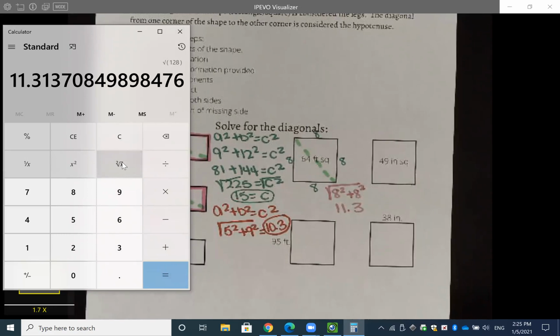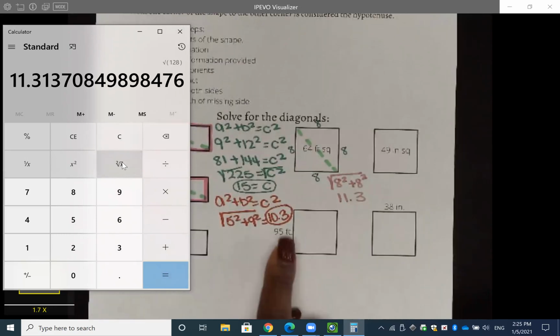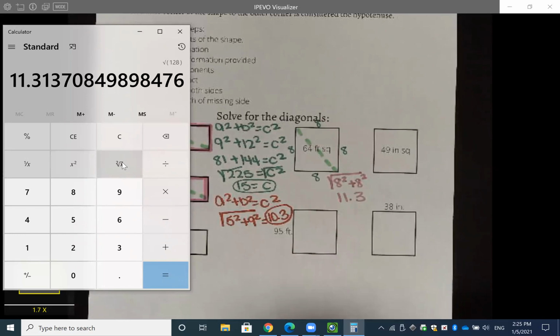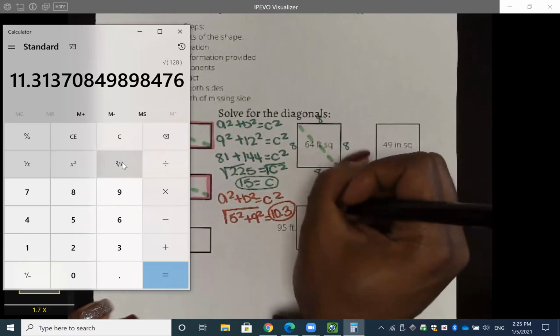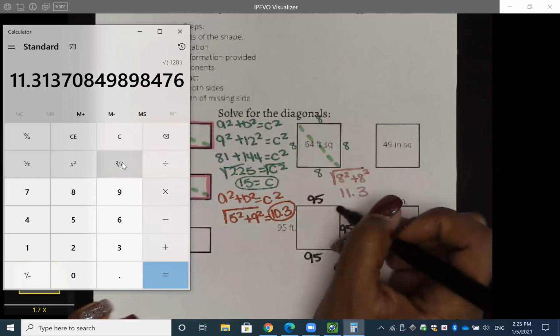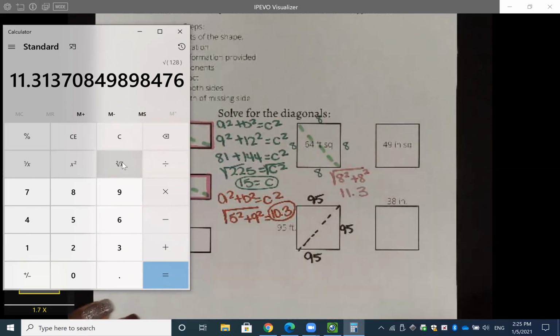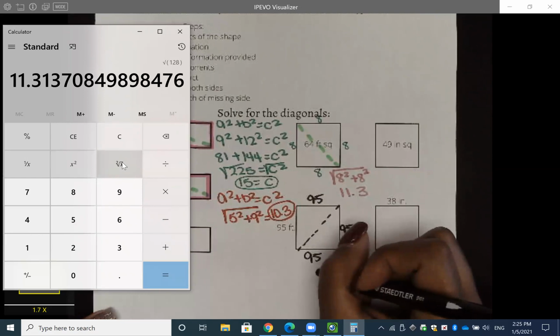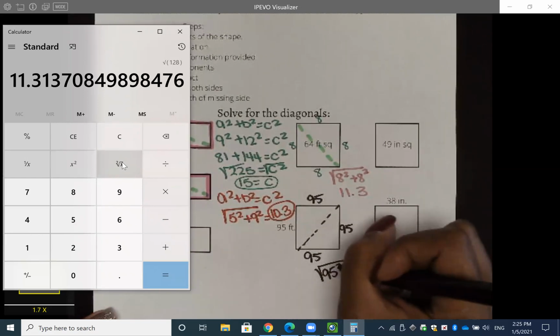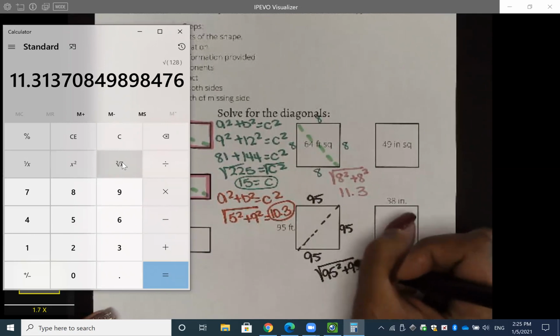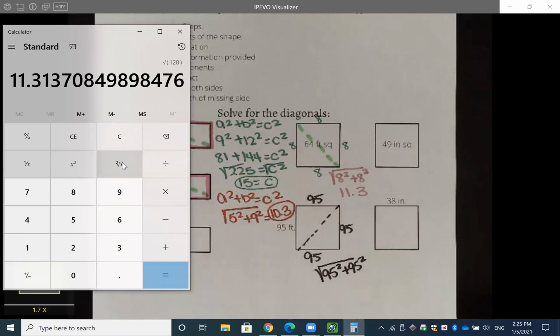So now down here, if one side length of the square is 95, then guess what? Every other side length of the square is going to be 95 as well, because it's a square, all equal sides, which means we're solving for our diagonal. So we're going to do the square root of 95 squared plus 95 squared and see what we get.